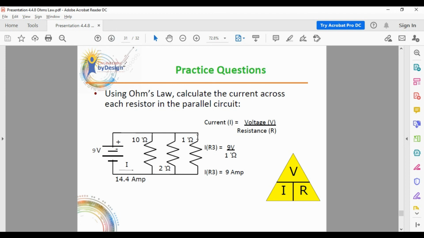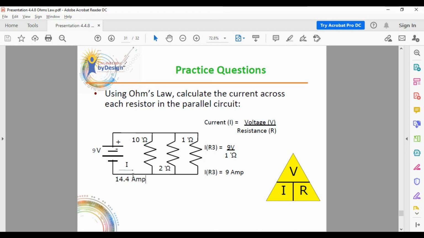If you think of water flow once again. So I've got 14.4 amps here, which 0.9, 4.5, and 9 relate to. I'll let you think about that one for a minute.